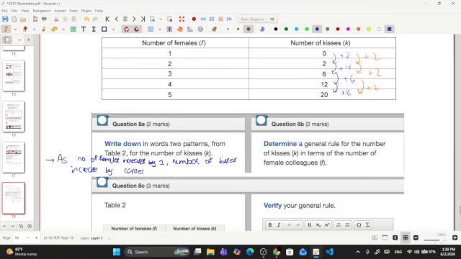This is very important to talk about. So you see, plus 2, plus 4, plus 6, and plus 8. So that's the first pattern that we can see.